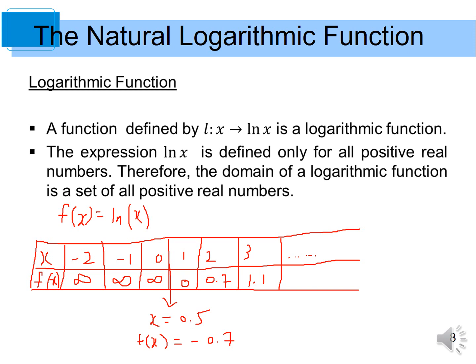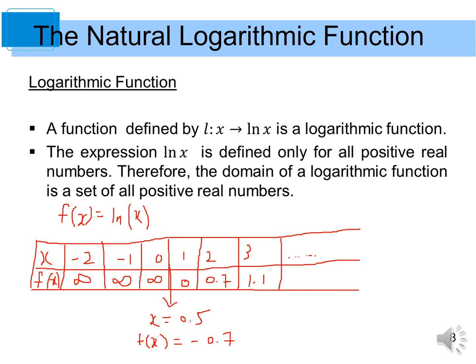You also can try other values, for example 0.0001 or 0.9, 0.8 something, 0.9 something, and so on, to observe the output.